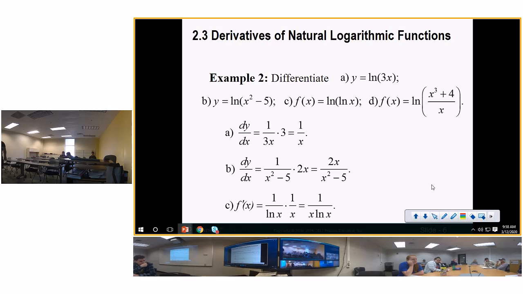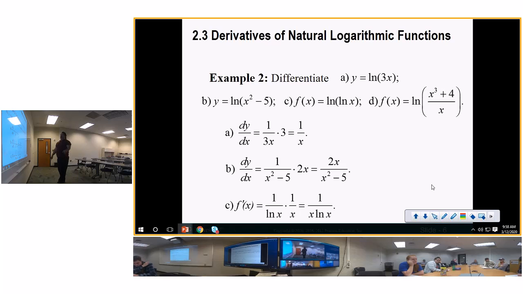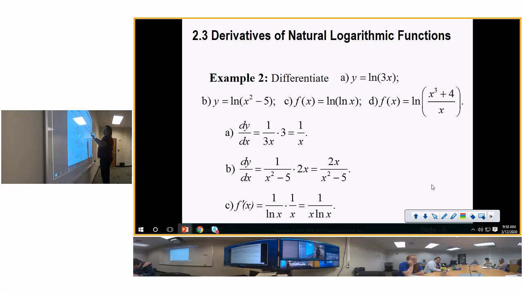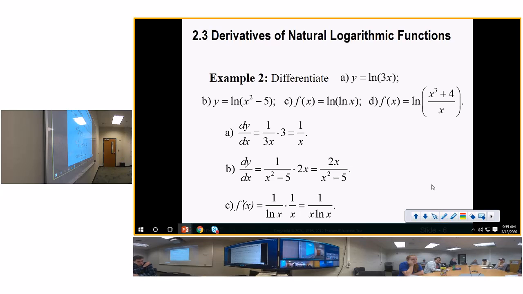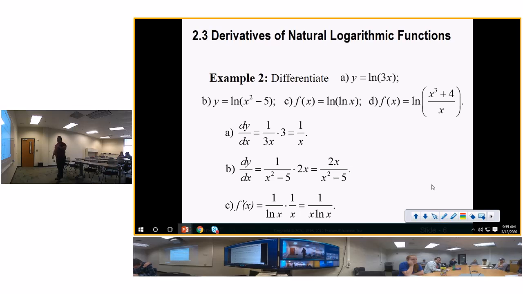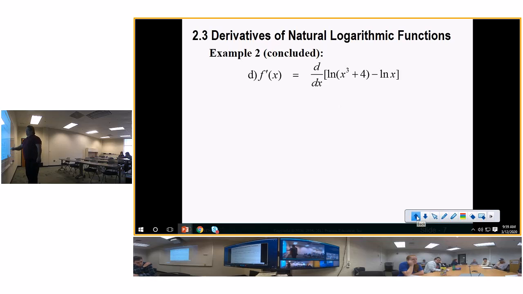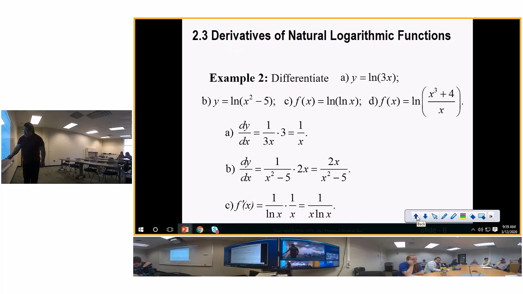I want to get to C. There. So if you take the natural log of the natural log, if you take this and you use the product rule, you're going to get 1 over the natural log of x times 1 over x, because the derivative of this is this, and the derivative of the inside is 1 over x, and that leaves you with 1 over x natural log of x.